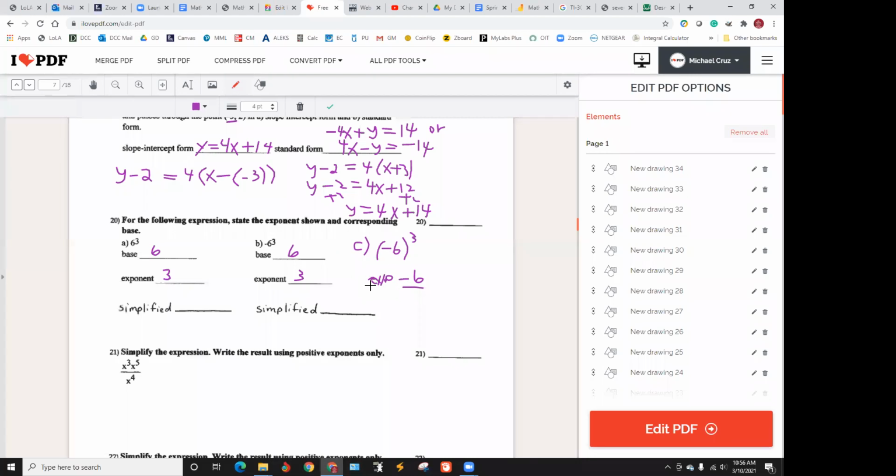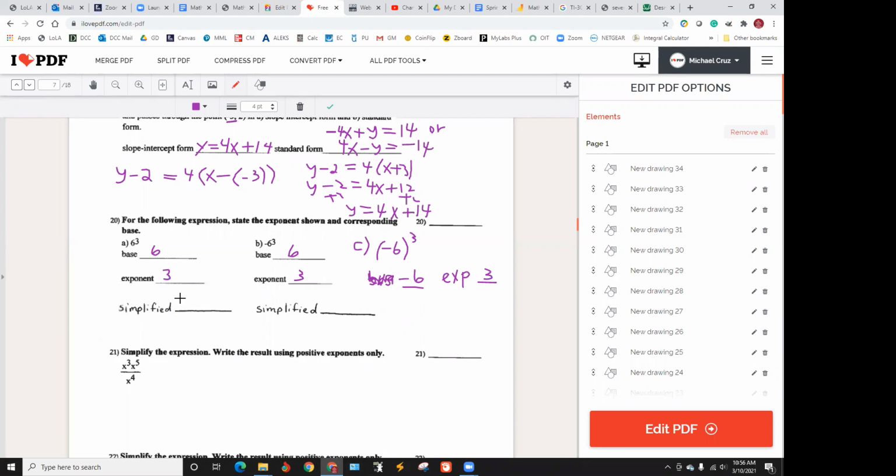So this is the base. The exponent is still the same. So the parentheses, if we want something more than just the number it's touching, we use parentheses. You could do the same thing with variables as well.